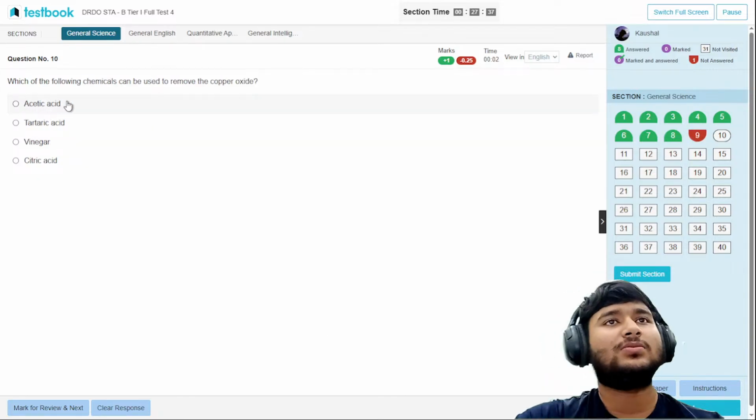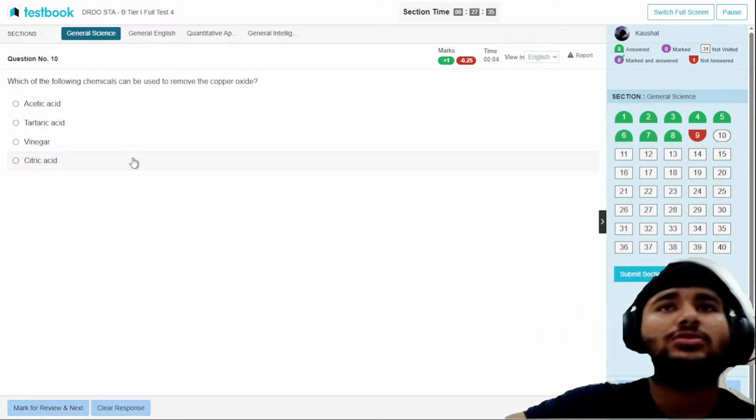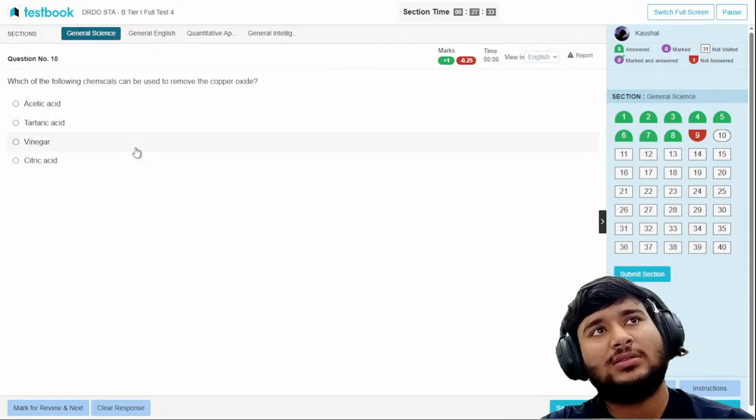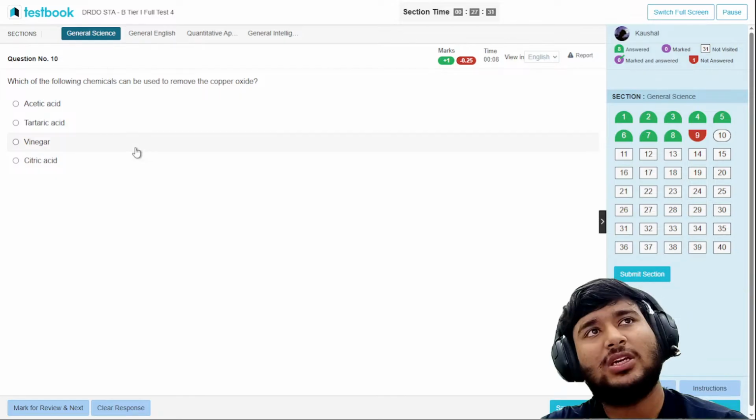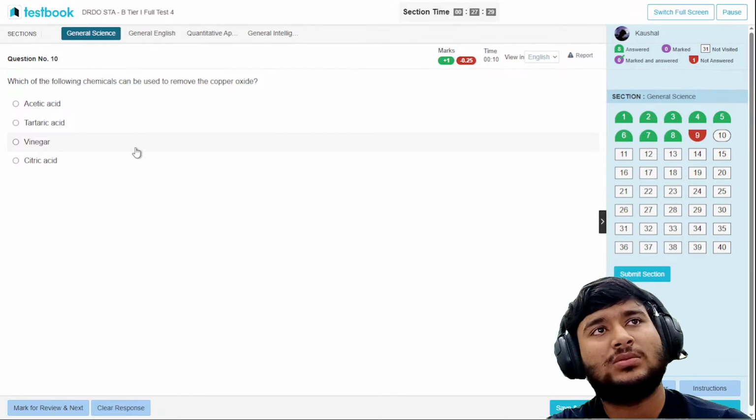Which of the following chemical can be used to remove copper oxide? CaO. Vinegar, tartaric acid, acetic acid, citric acid.